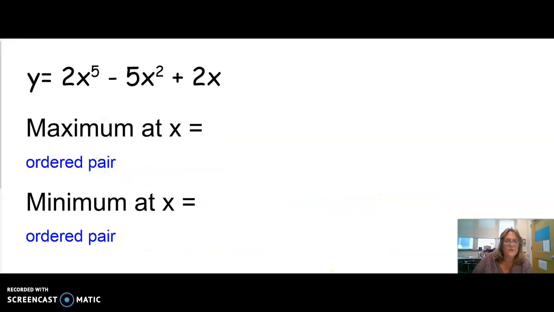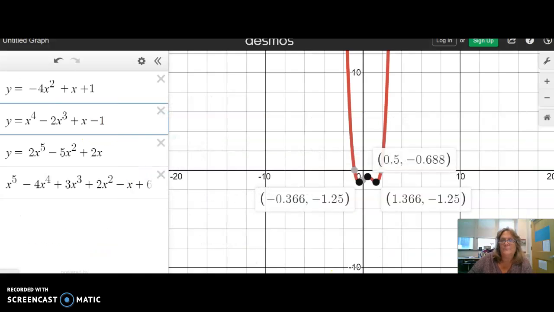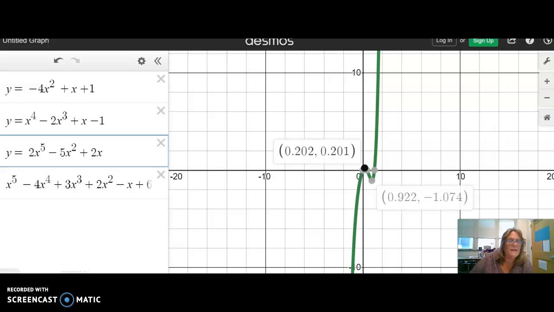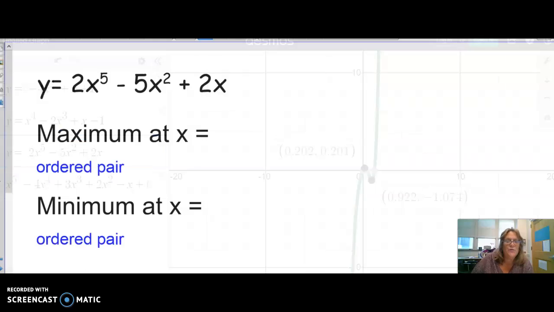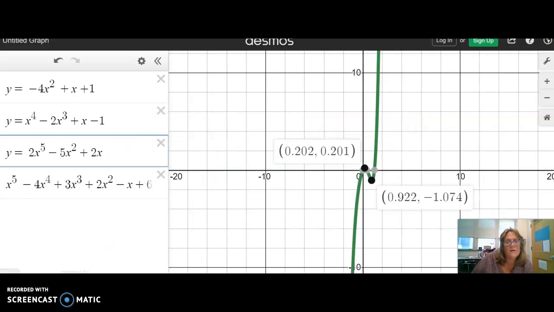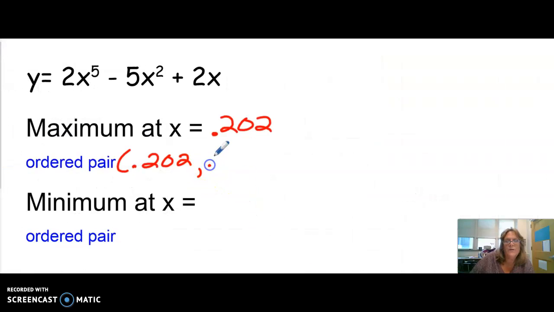If we look at this one, to the fifth power, I've got a point that looks like a maximum, and this looks like a minimum. So I have a maximum at x = -0.02, and my ordered pair would be (-0.02, 0.201).